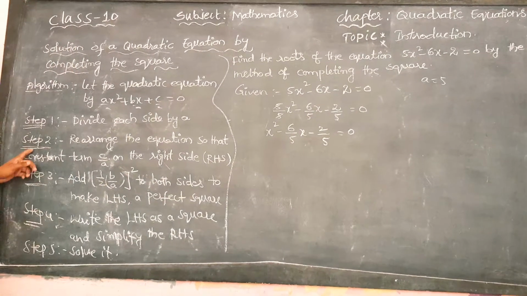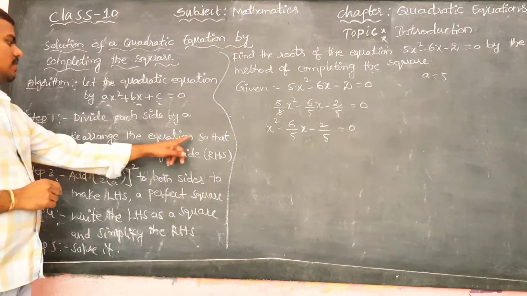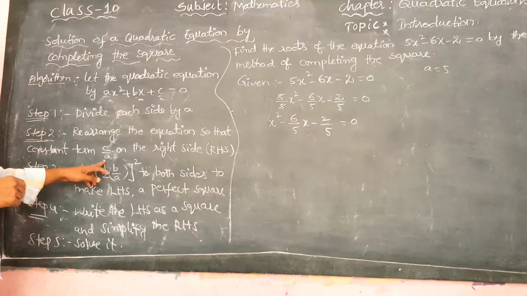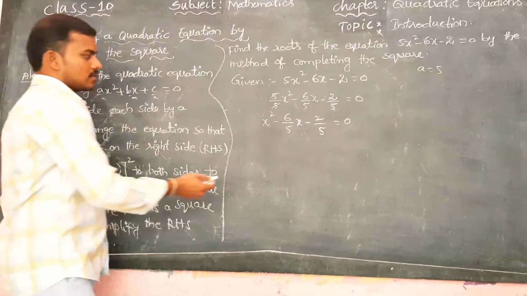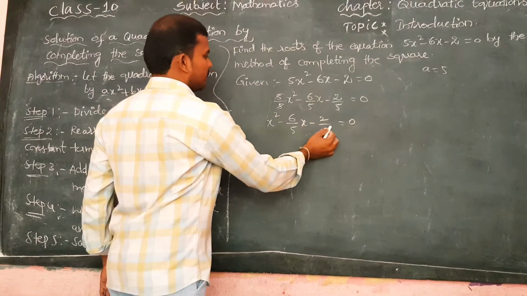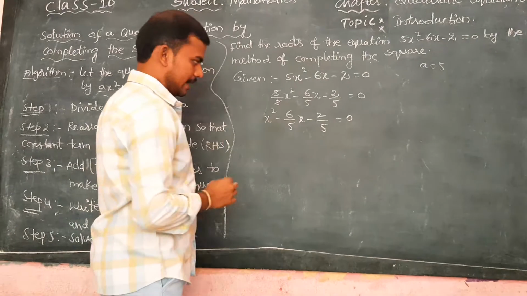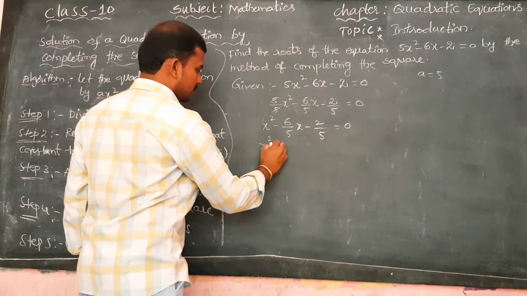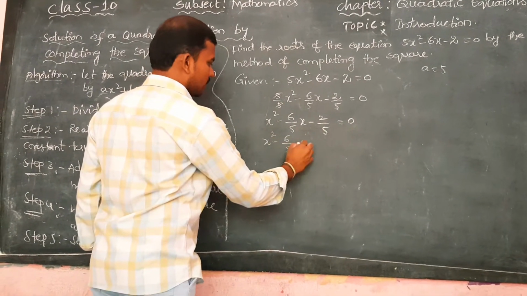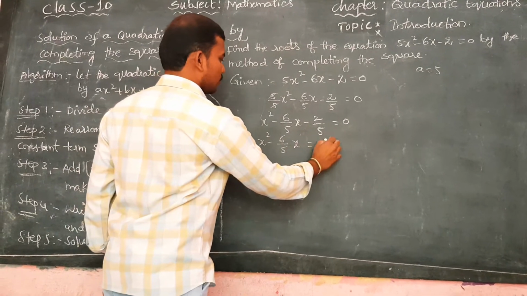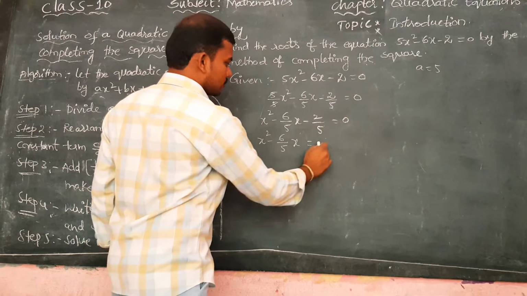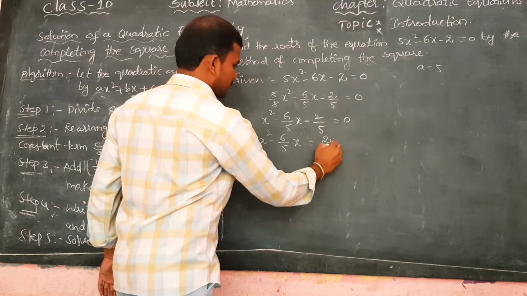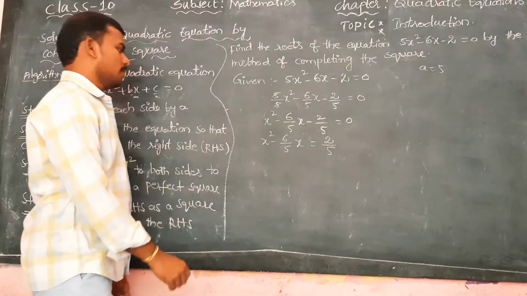And step 2 is rearrange the equation so that the constant term c by a is on the right side. So the constant term 2 by 5 goes to the right side: x square minus 6 by 5 x is equal to minus 2 by 5 becomes plus 2 by 5.